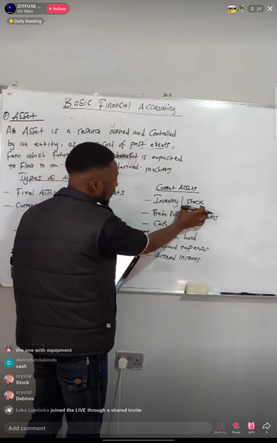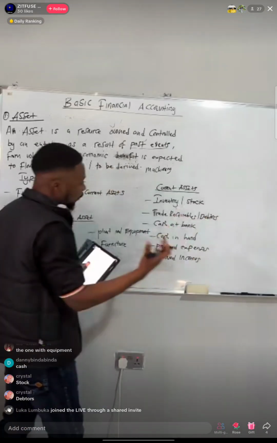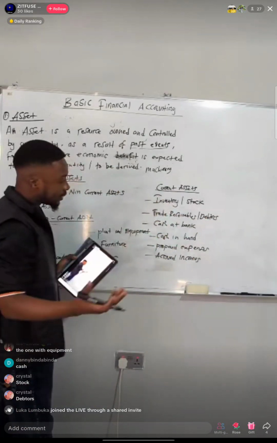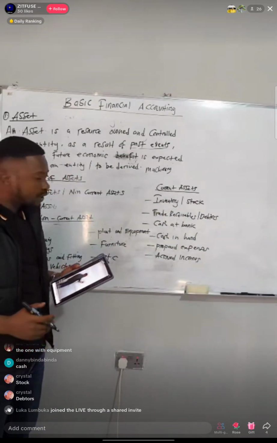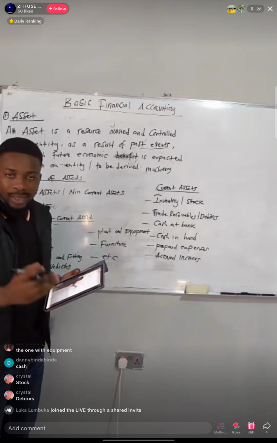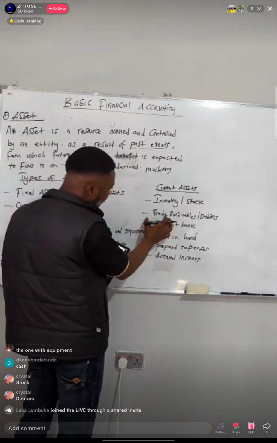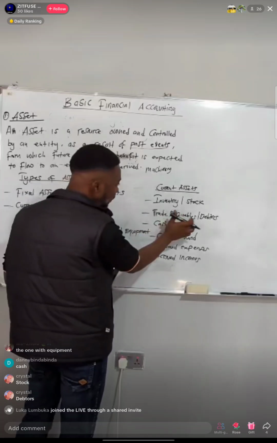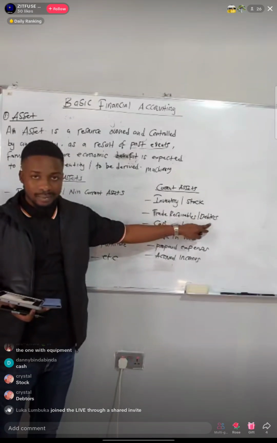So when you talk of inventory, these are the goods that you're selling as a business. For example, if you're selling shoes, the shoes are the stock or the inventory. Then we also have trade receivables or debtors.